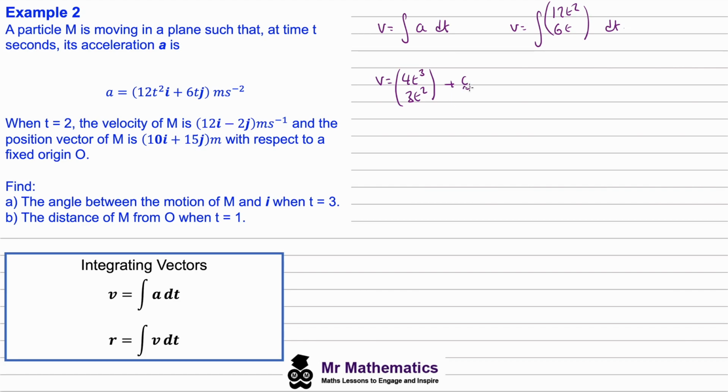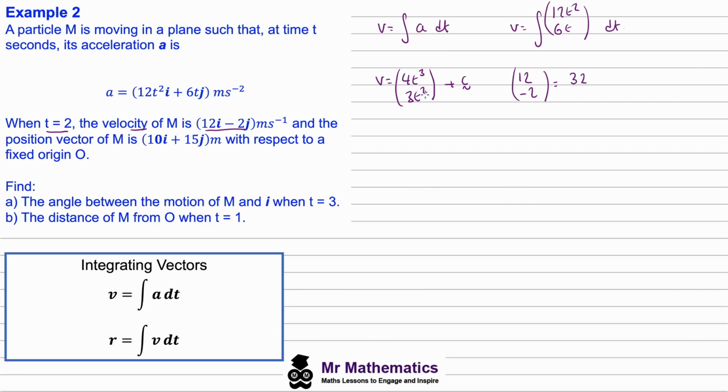And then we can work out this constant because we're told here that when t equals 2, the velocity is 12i minus 2j. So we can substitute each of these into our expression for velocity. So our velocity of 12 and minus 2 will equal 4t cubed when t equals 2. So that'd be 4 times 2 cubed, 8, so that'd be 32.